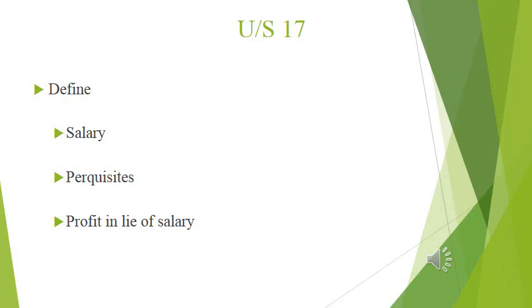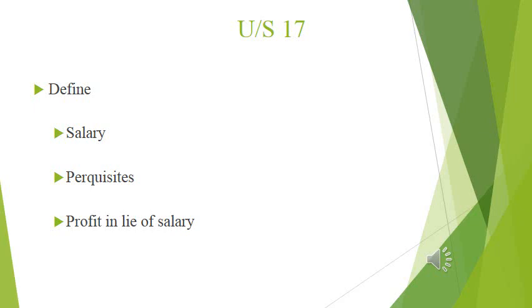Suppose management is ready to provide free quarters or residential accommodation to the principal. That is a perquisite. This facility is over and above his salary. So this kind of facility is only for people who have some post or position.